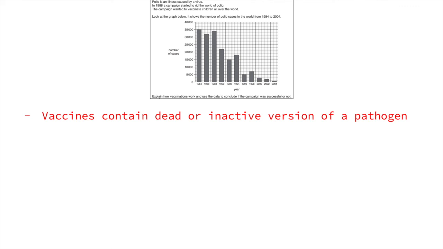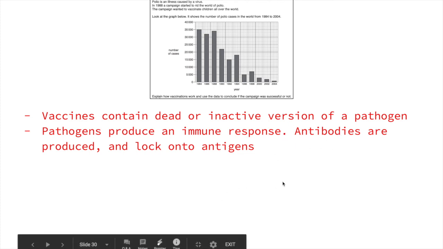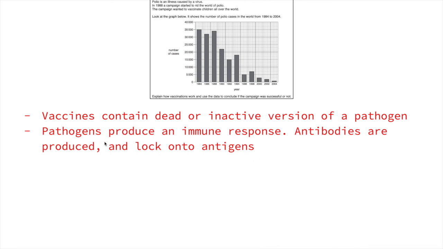But then go on, show that you really understand this, how they work, that these pathogens, when they're placed into the body, produce an immune response. Your body starts fighting it. And the key things you want to talk about here to show that you really know what's going on, is to say that antibodies are produced and they lock onto antigens. You're using keywords, keywords, keywords, really showing that you know your stuff.